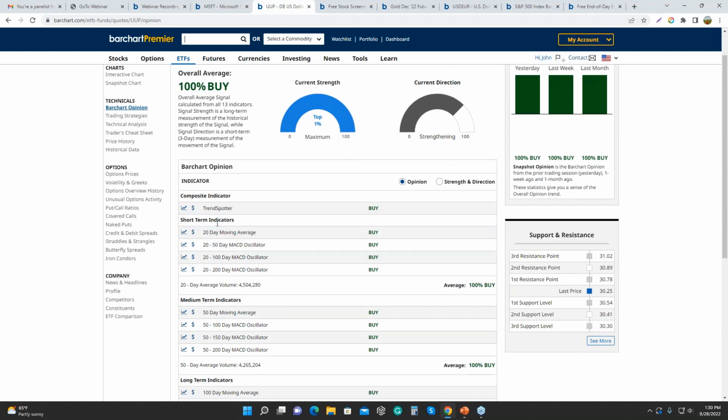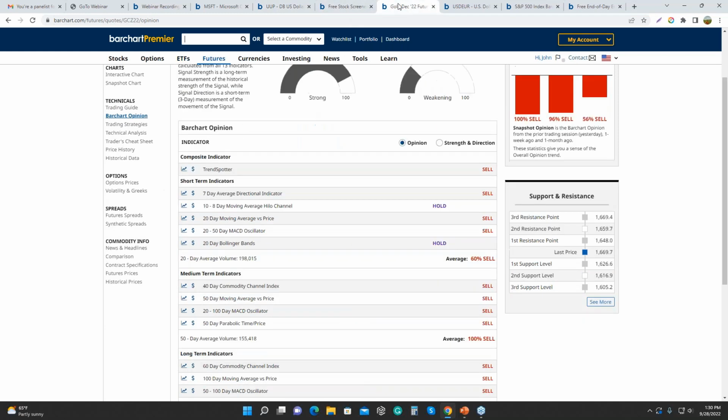Notice our short-term indicators in our ETFs and equities: 20-day moving average, 2050, 2100, 2200. In futures, we have a 7-day, a 10 and 8-day, 20-day moving average versus price, 2050, and a 20-day Bollinger Band. So a little bit different in those indicators.